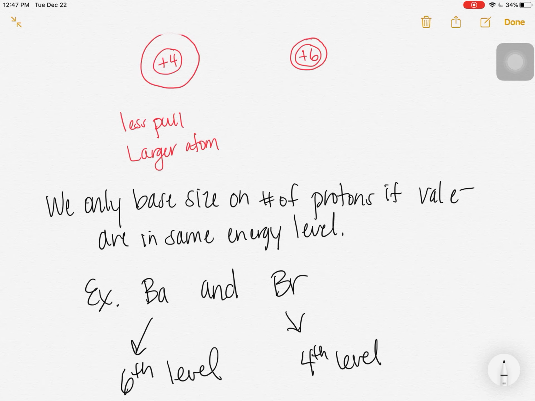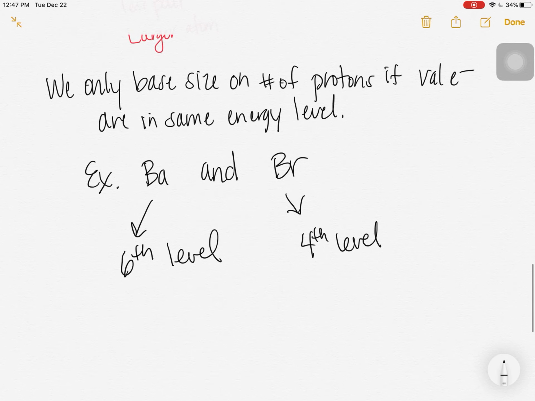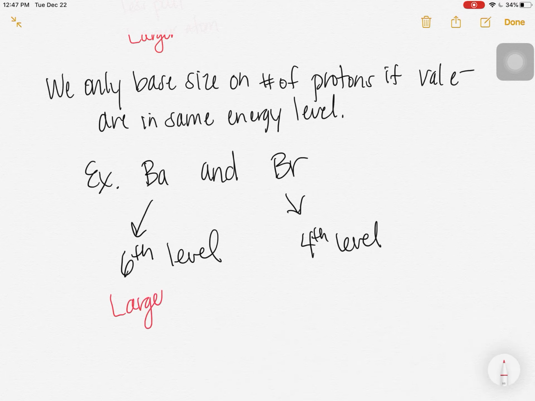Okay, so this was like the first thing we talked about. So what is always going to predominate is the energy level. So in this case, we're not even going to talk about protons because the 6th level is farther from the nucleus than the 4th level. And so barium is larger and bromine is smaller regardless of who's got more protons.